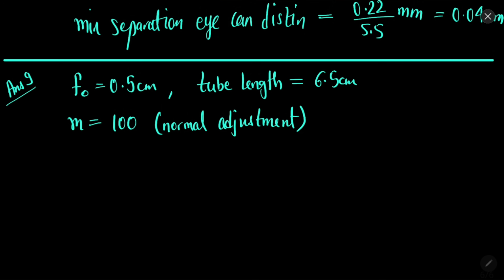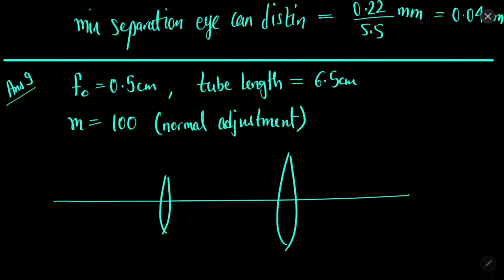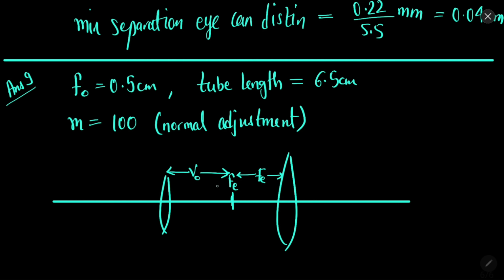Now what do we have? The situation is something like this. This is our convex lens, this is another convex lens. Now let's say this is our focus of the eyepiece. So this is the focal length and the image is obtained at the focus of the eyepiece.